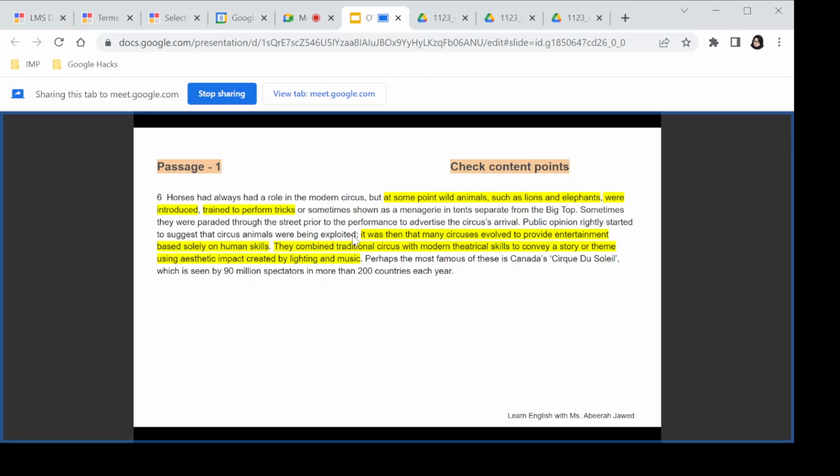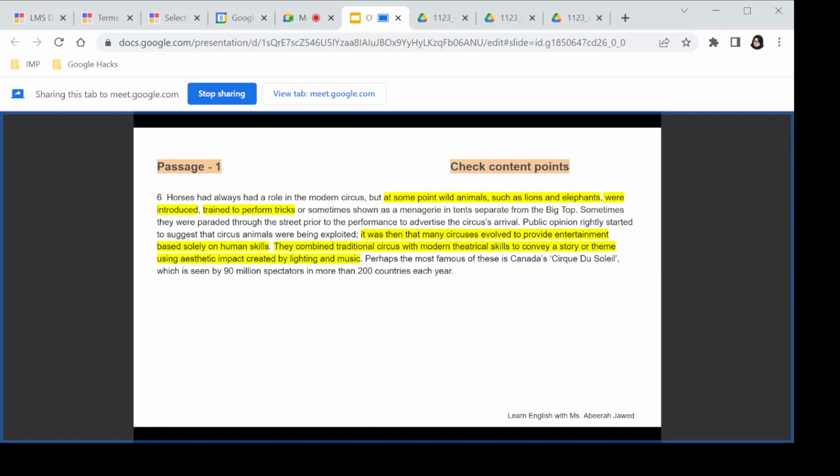It was something that was happening, but the result was that the use of wild animals in circuses was removed, and circuses based on human abilities, human talent, were introduced completely. Got it? Understood? So we are not moving here and there, right?